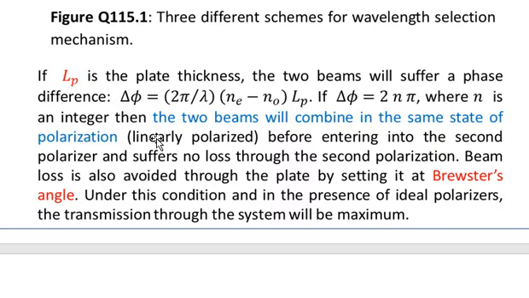And if our birefringent optical axis is arranged at an angle of 45 degrees to the plane of polarization of the incident beam, then the amplitudes of the two beams into which the incident beam is split, the ordinary beam and the extraordinary beam, will be equal.